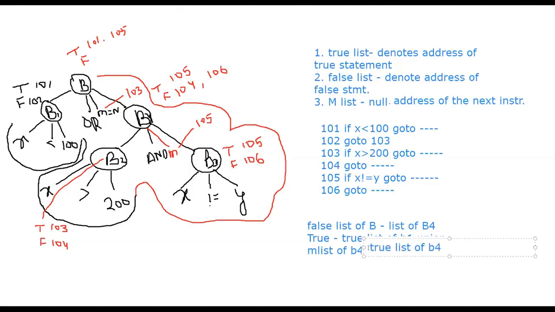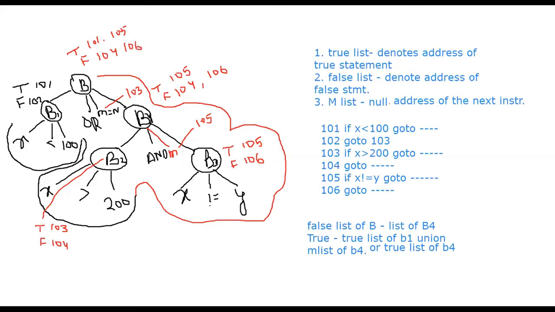Okay? So now false list. False list of B will contain the list of B4. What is contained by the list of B4? It is 104 and 106.